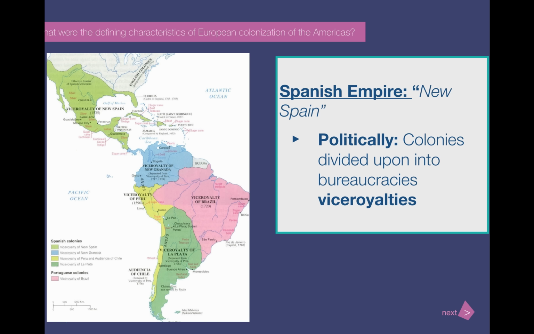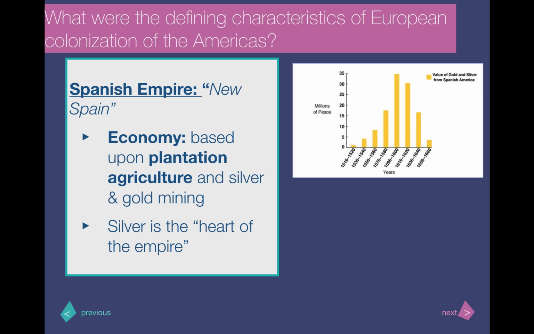So these are just bureaucratic systems. Remember that hierarchy, all organized under centralized control. These viceroys answered to the Spanish or Portuguese king, in this instance Spain. You can see that this is laying the groundwork for this division of power and the growth of what is known as an empire in this time.